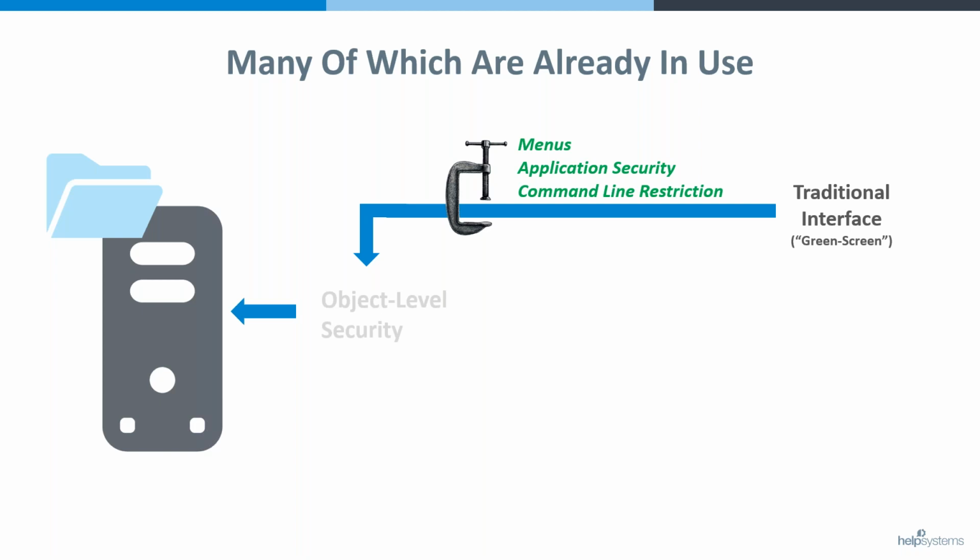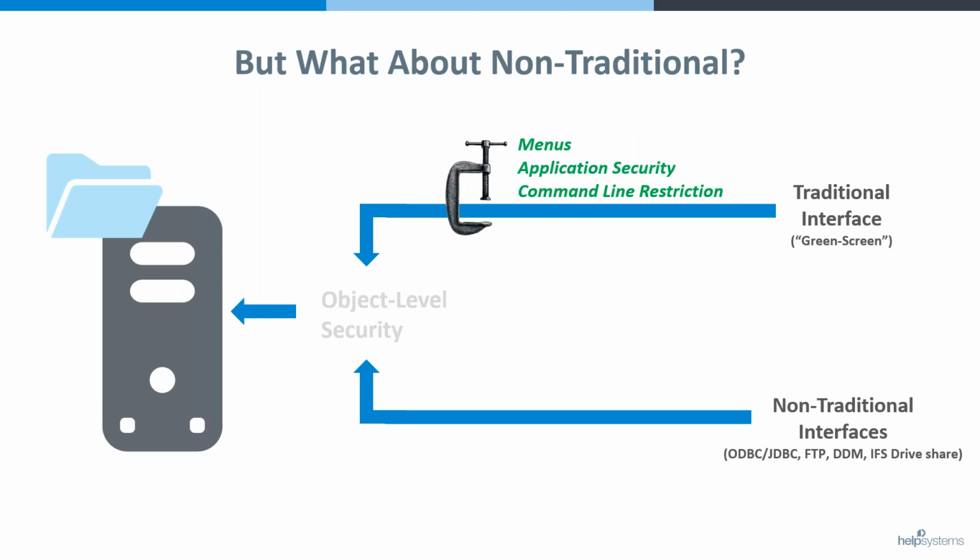Great. Well, maybe. When we introduce the idea that users can come in through non-traditional interfaces, we find a slightly bigger problem, right? These users, still identified through a user ID and password, are not going through the traditional interfaces with compensating controls. There is no menu to an FTP session.